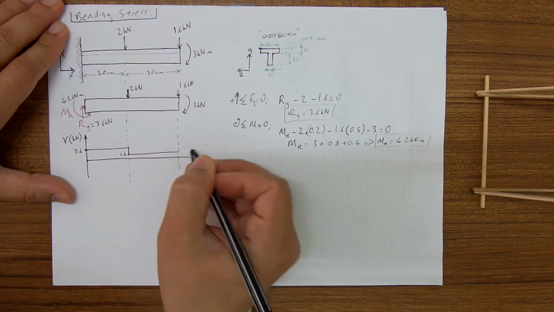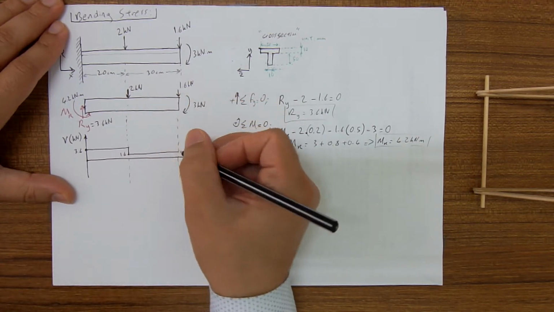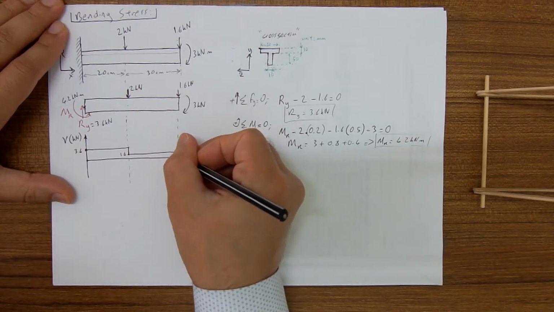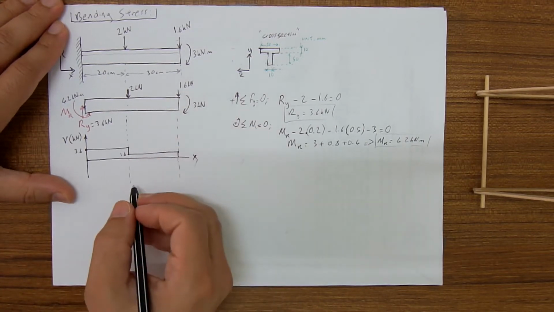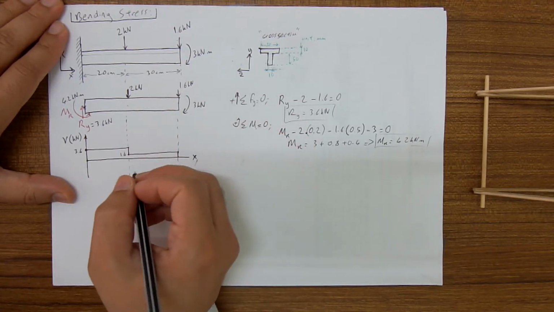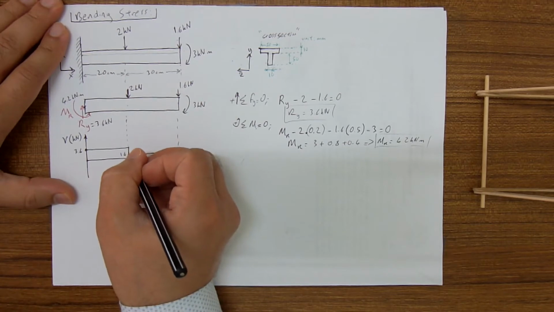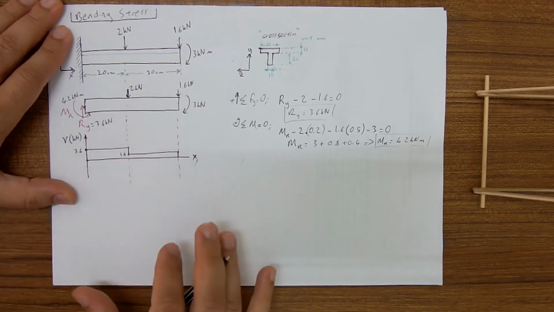I came here and I see that there is a downward force, and therefore I go down by the same amount. So the diagram is closed, therefore it is correct. So the shear diagram is complete.